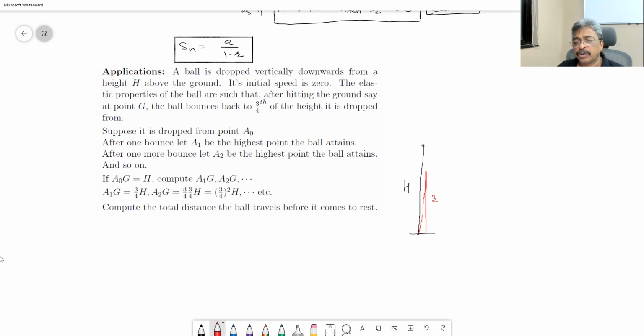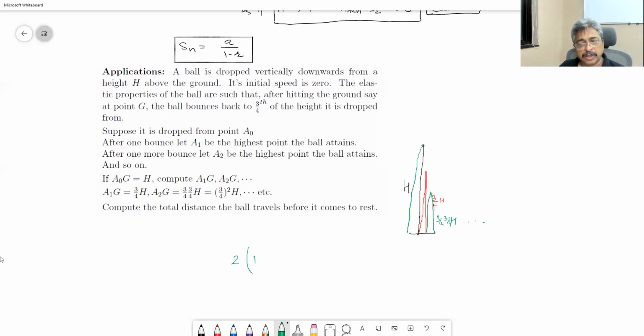This is 3/4 of H two times. H is one time, 3/4 of H two times. Then 3/4 of 3/4 of H is going to be again two times, and so on.